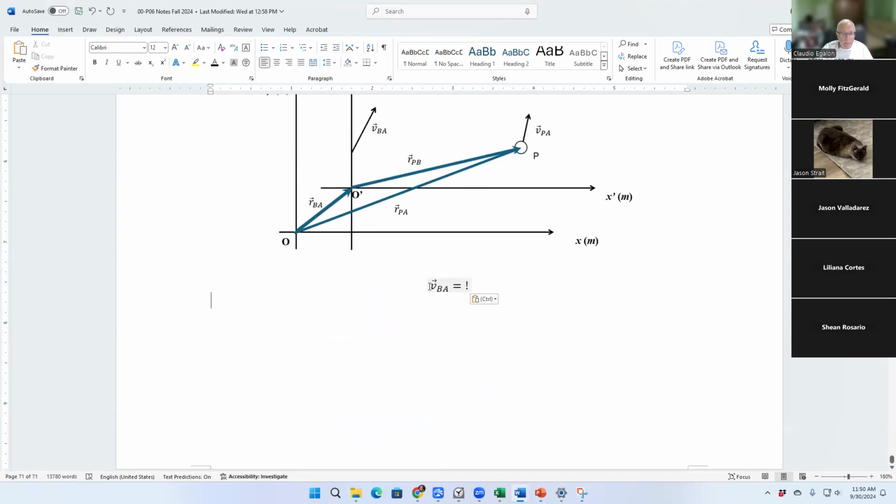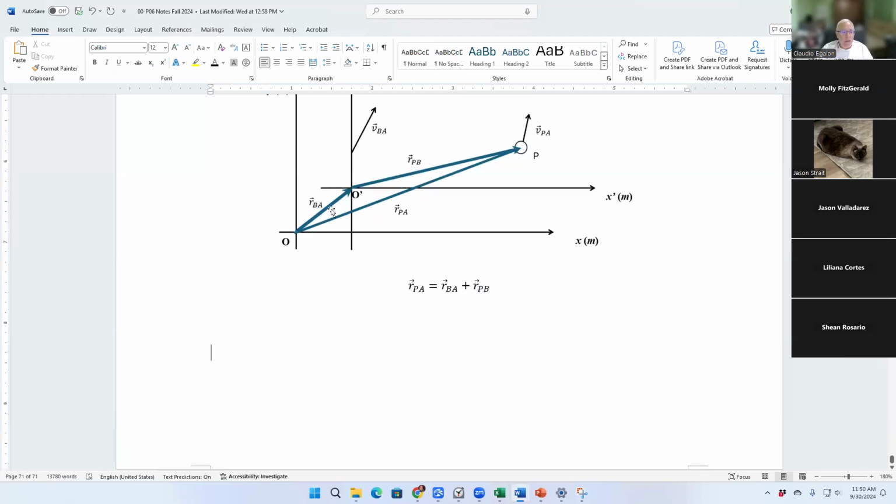RPA, right? Vector position of point P with respect to referential A is going to be equal to vector position of referential B with respect to referential A plus vector position of point P with respect to referential B. Do you see that?